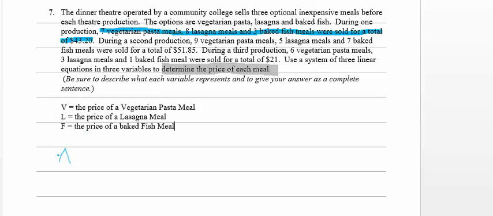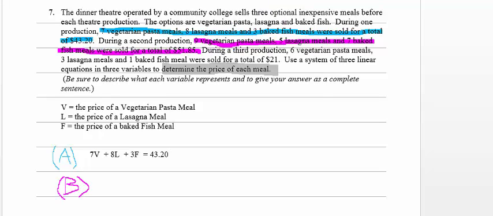So notice the part of the sentence that I've highlighted. That is going to give me equation A: 7V, 7 vegetarian pasta meals, 8 lasagna meals, 3 fish meals equals 4320. So when I multiply the number of meals times the unknown price, I get the amount of money that meal contributed to the day's total.